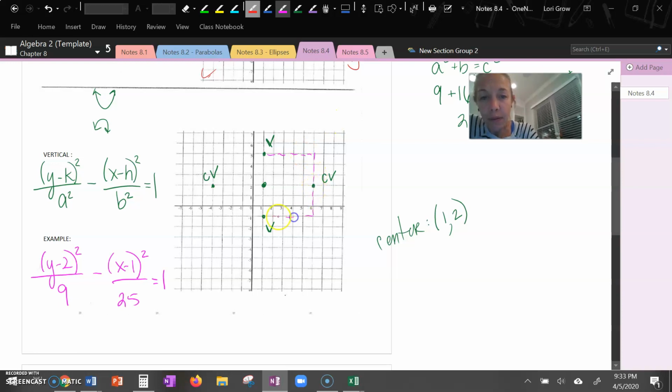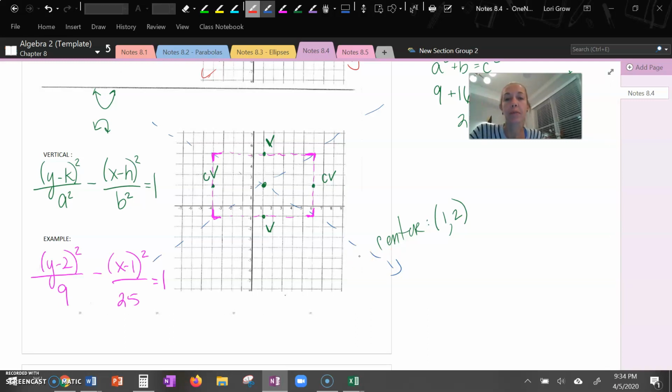What I care about the most on that rectangle are the corners. So this corner here, here, here, and here. The reason I care about those corners is because the asymptotes go through them, and the asymptotes are what help me graph my little parabolas, which are part of the hyperbola.